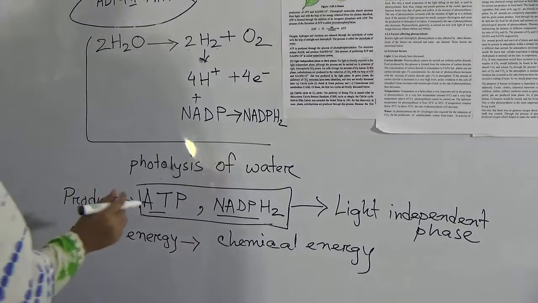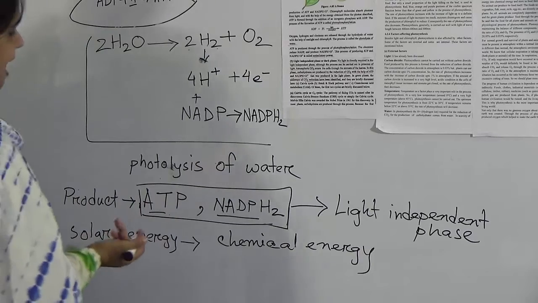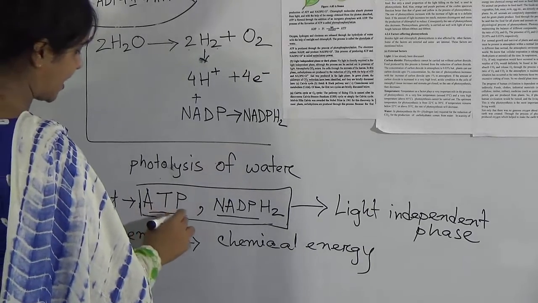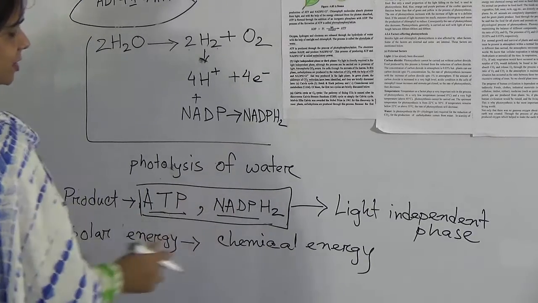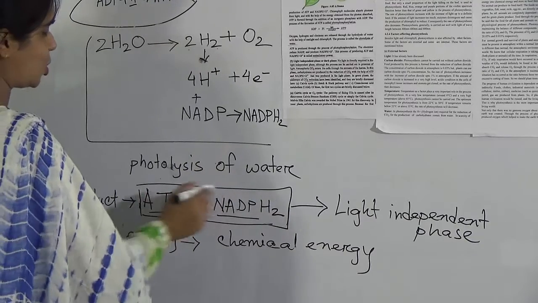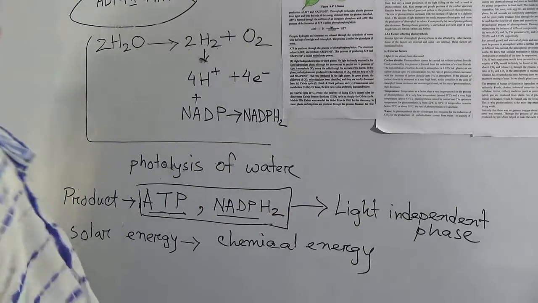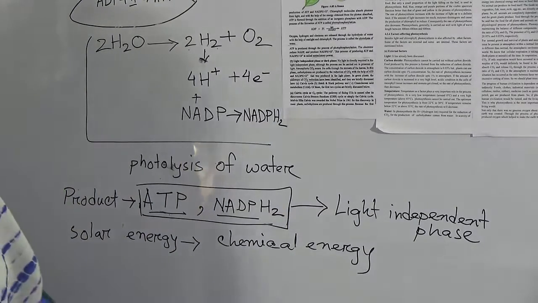Assimilatory is similar to the word absorbed. I am saying both of these chemical energies are absorbed in the light independent phase. That's why these two are known as assimilatory power. And in this part we have finished the light dependent phase.